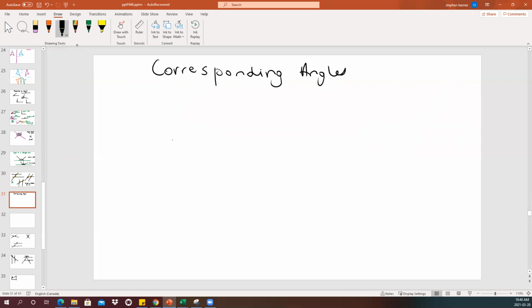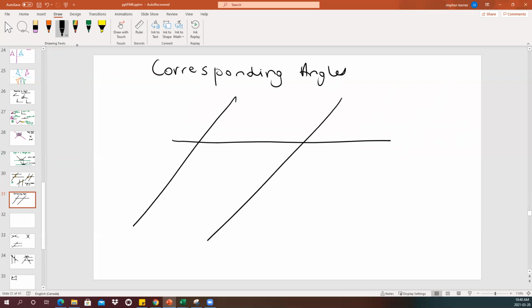All right? They are formed in a similar situation when you have two lines cut by another. So you have a transversal and you have two parallel lines. The difference is that with the Z angle, you would find your Z, and then the angles will be opposite each other.